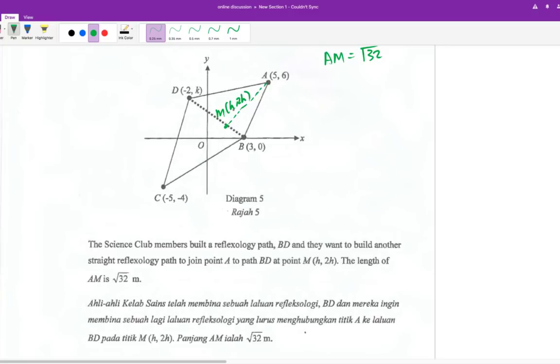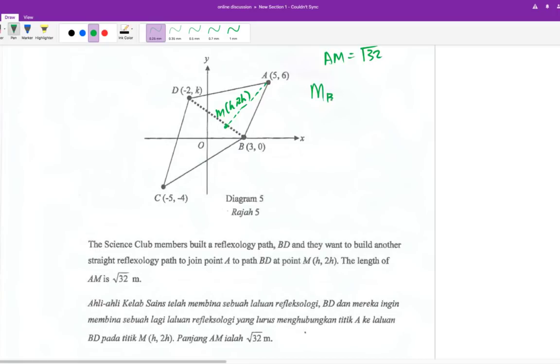And since I want to find the coordinate M, which is the intersection between the line AM and BD, I guess I will find the equation of BD also. Alright, so therefore I will just find the equation for BD first.